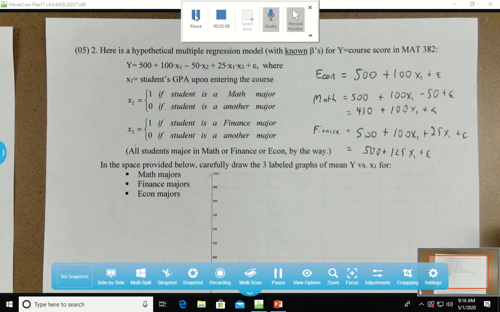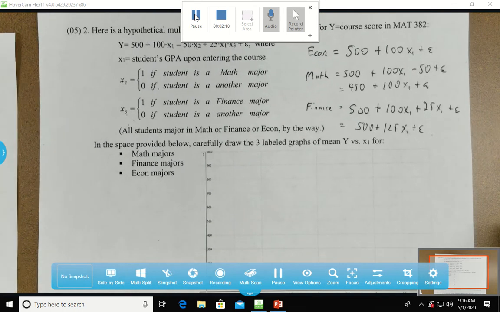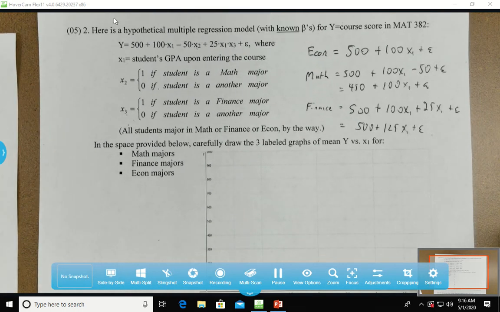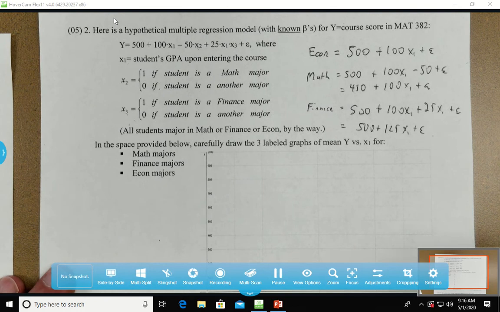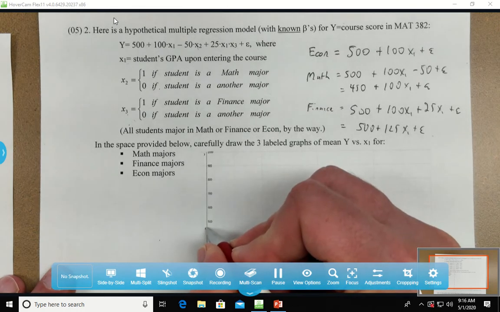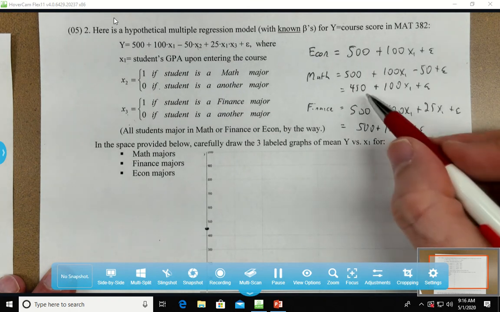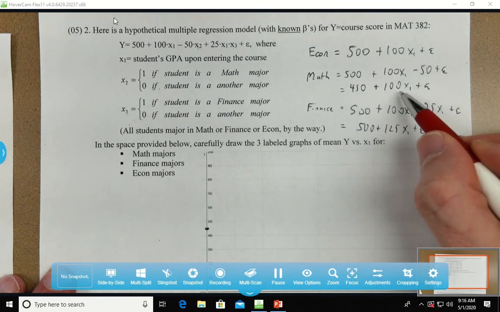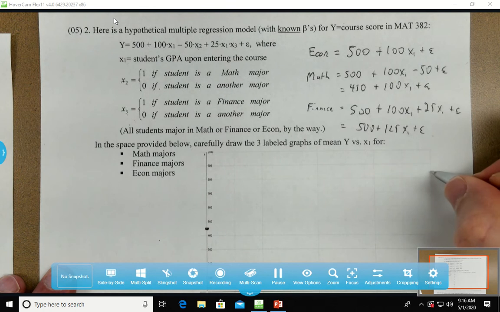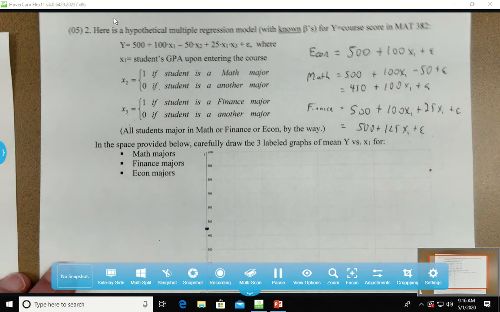So let's go ahead and carefully draw this graph. And so let's start with math. There'd be 450. And after 4 spots, they would be at 850, so 850 there.